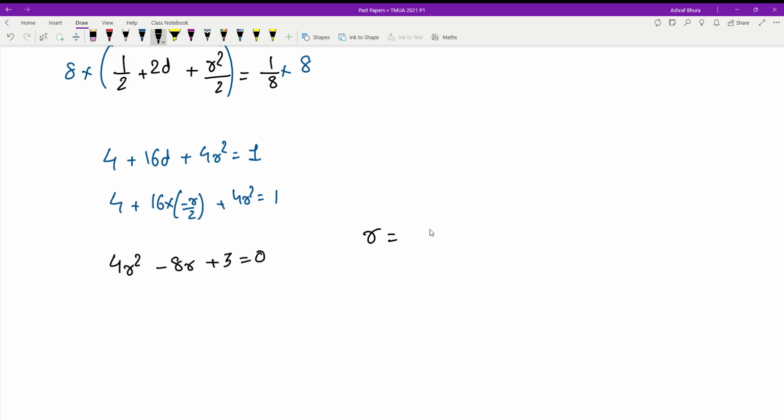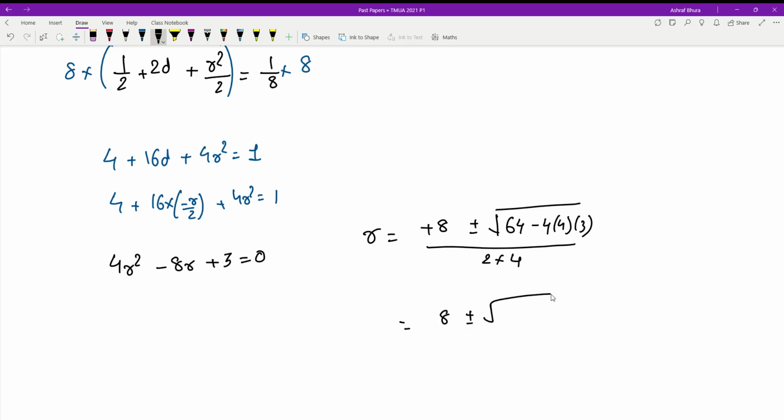So r is equal to 8 plus or minus the square root of 8² = 64, minus 4 times 4 times 3, divided by 2 times 4. Okay, so this is 8 plus or minus the square root of 64 minus 4 × 4 = 16, 16 × 3 = 48, divided by 8.